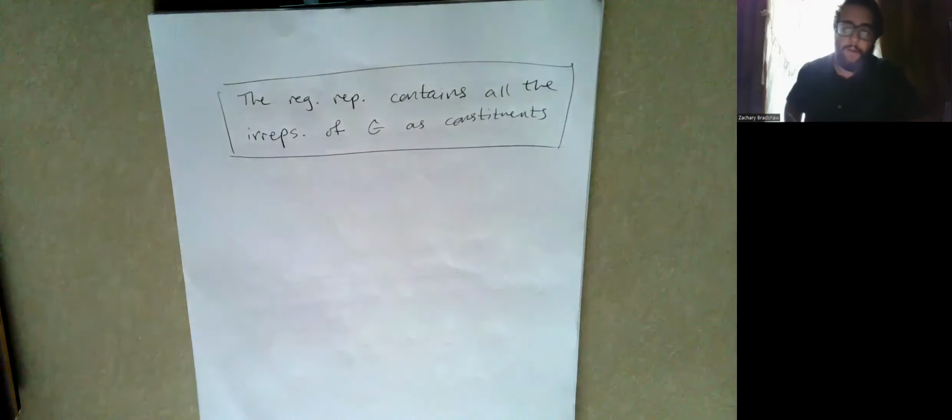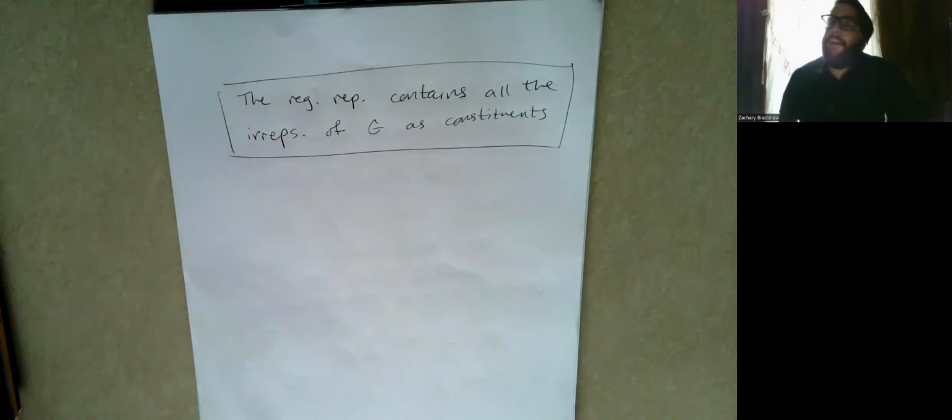Okay, so maybe this is the first step if you want to know all the irreducible representations of some finite group. Maybe a good first step is to write out the regular representation because it contains every single irreducible representation.